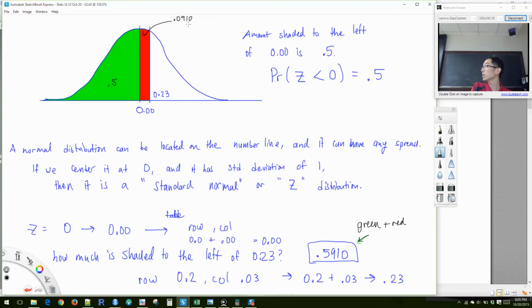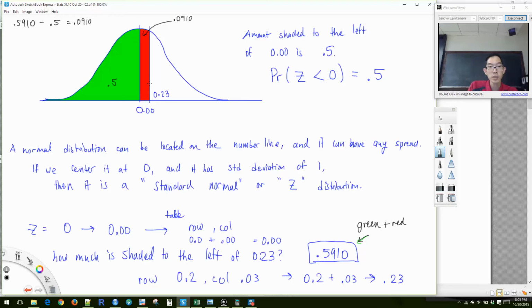I got this by doing 0.5910 minus 0.5 to get 0.0910. Is that okay with everybody?